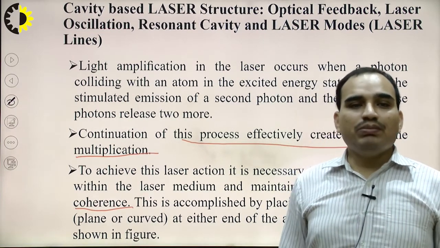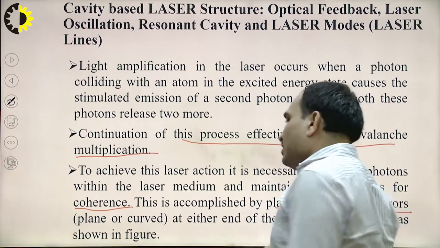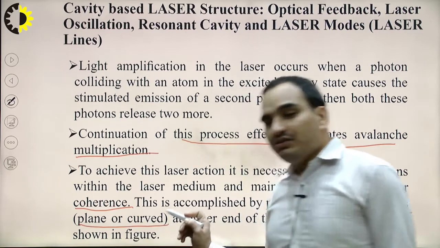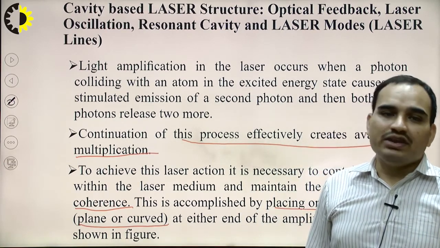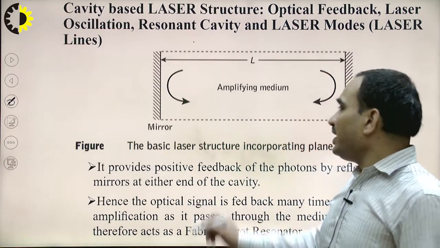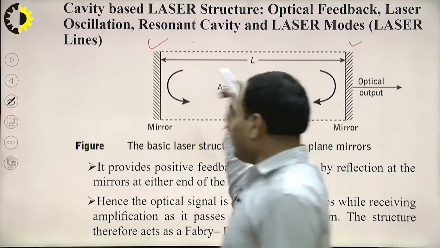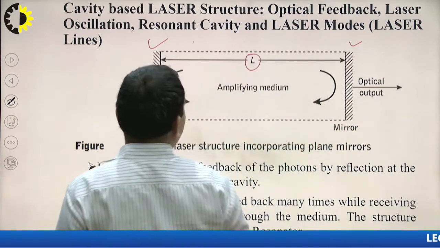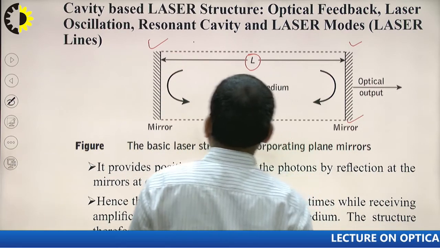This is accomplished by forming mirrors, either plane or curved, at either end of the amplifying medium as shown in the figure. So, we have two mirrors separated by the distance capital L, and this is the partial reflecting mirror.